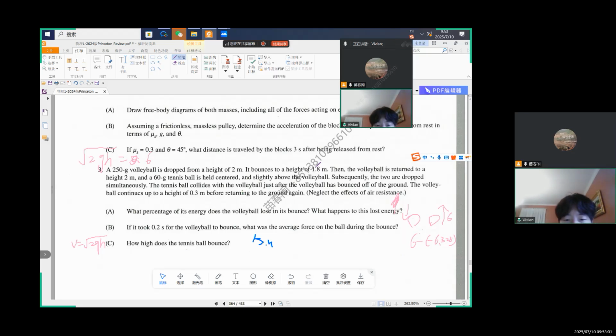Wait, no. Kind of. Conservation still happens, right? I think the energy angle is probably easier. Oh, wait, this is after. This is a different thing.